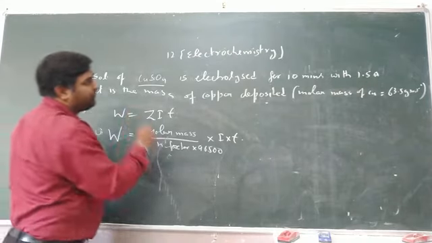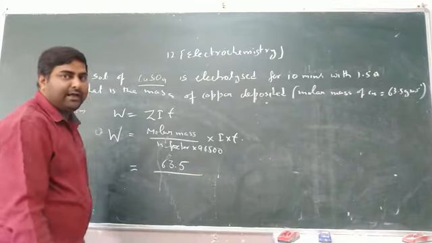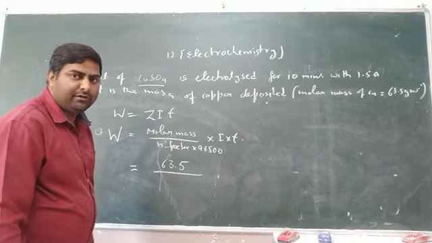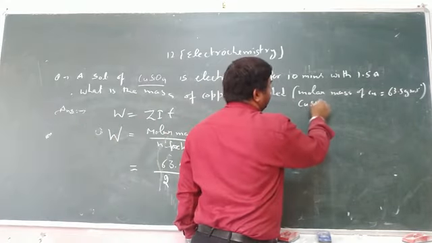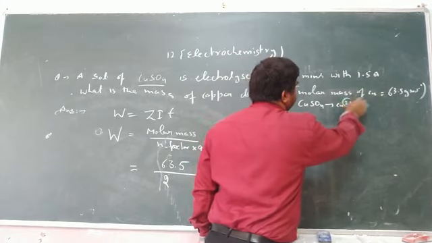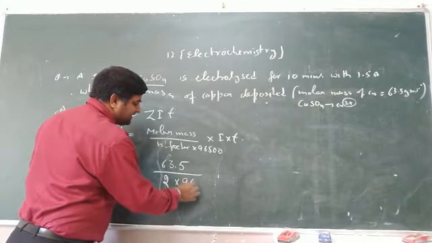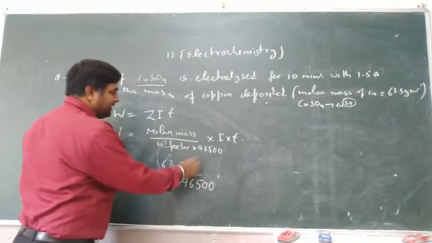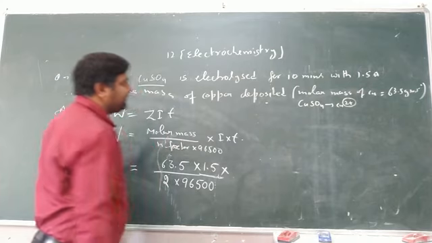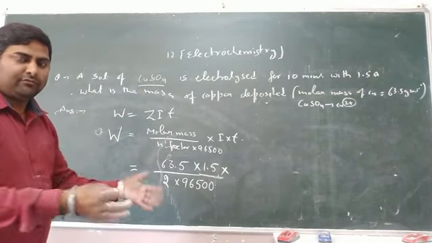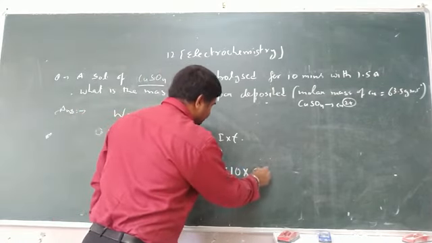What is the molar mass of copper given? That is 63.5 divided by N factor. We know the N factor for copper is 2 because copper has valency +2. So N factor is 2 into 96500 multiplied with I. What is the value of current? 1.5 ampere. And time is 10 minutes. Of course, minutes should be changed into seconds. 10 into 60.